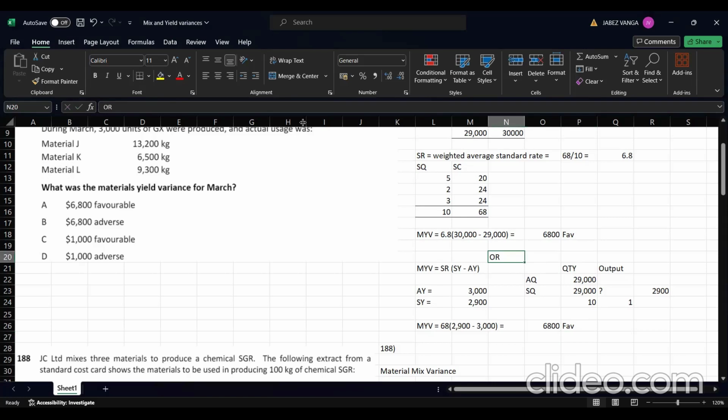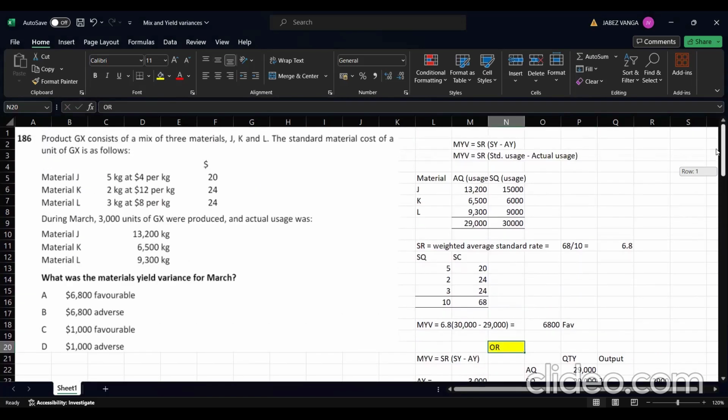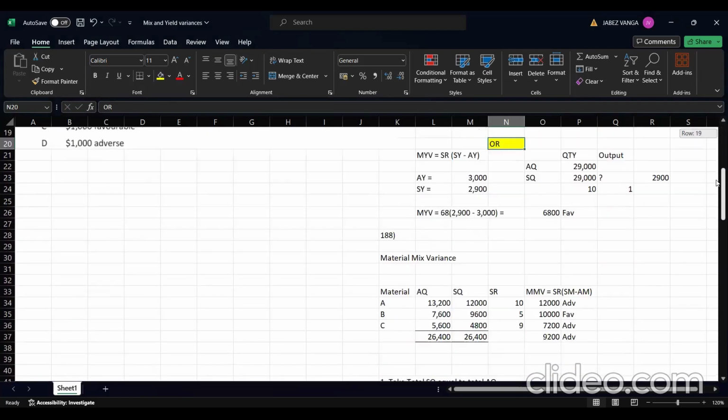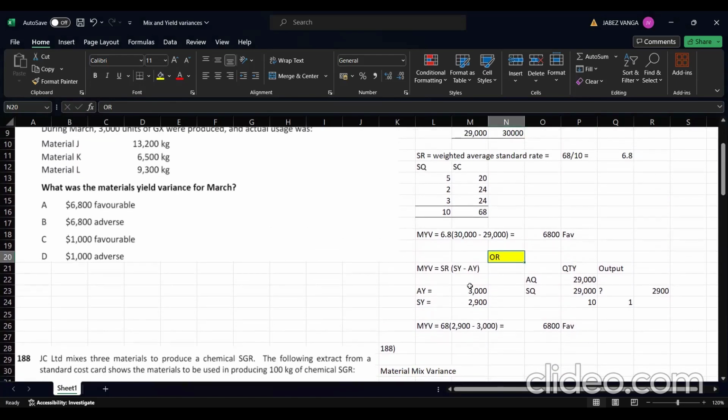So there are two ways of doing this. Whichever way you feel comfortable, you can use that and arrive at the material yield variance. The first one is based on the consumption. The second one is based on the yield. When the input quantities are taken to be the same, 29,000, and the same input is used for standard, how much would be the output?